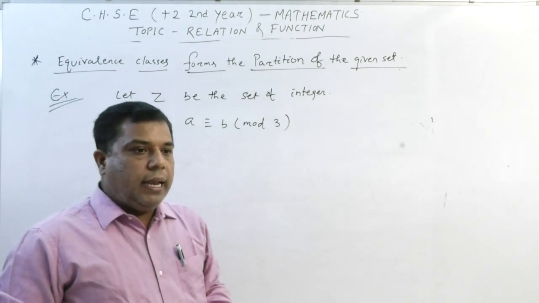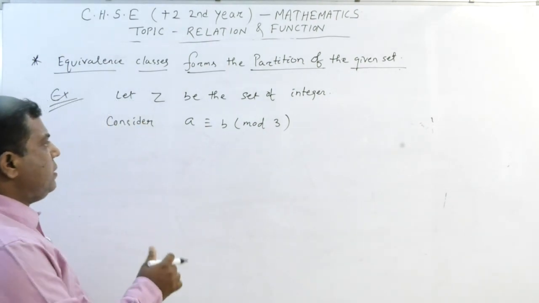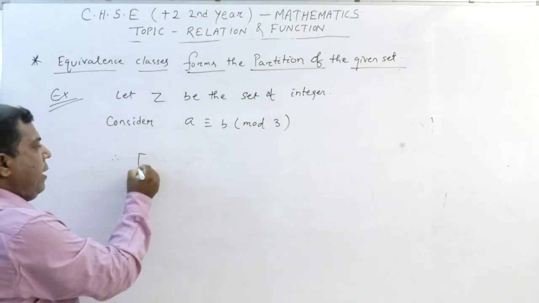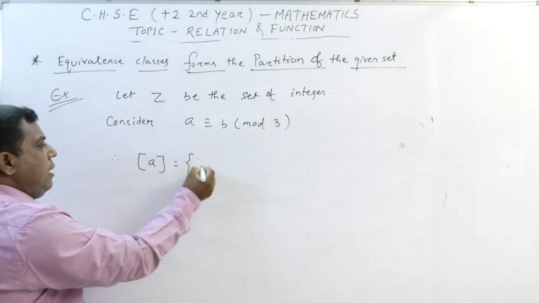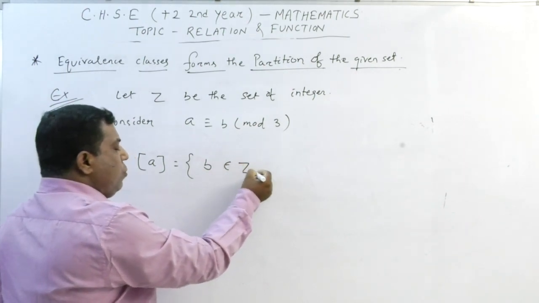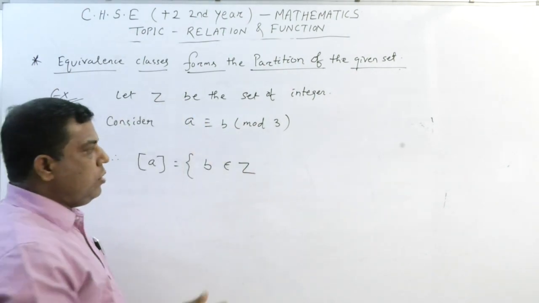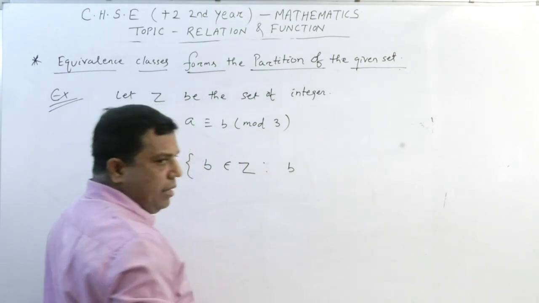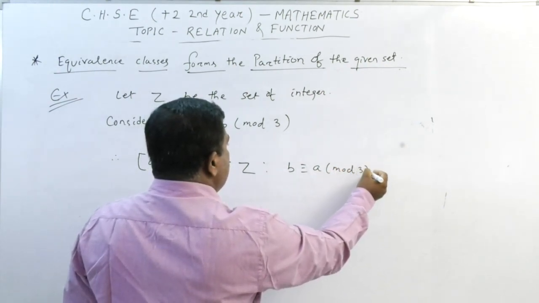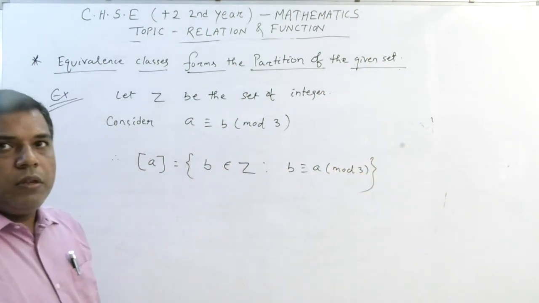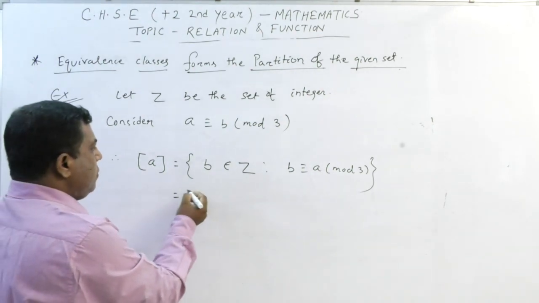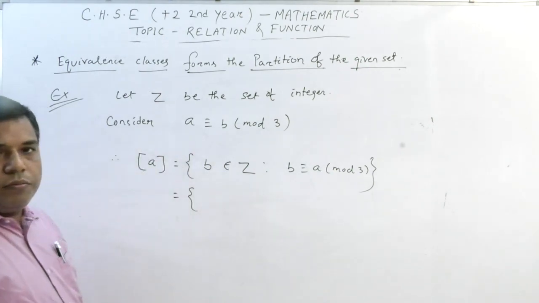Okay, let us verify it. Therefore the equivalence class of a consists of those elements b belonging to the set of integers such that b is congruent to a modulo 3. Yes or no? Similarly you can write for b also.